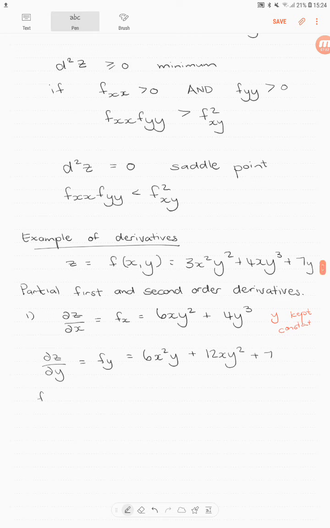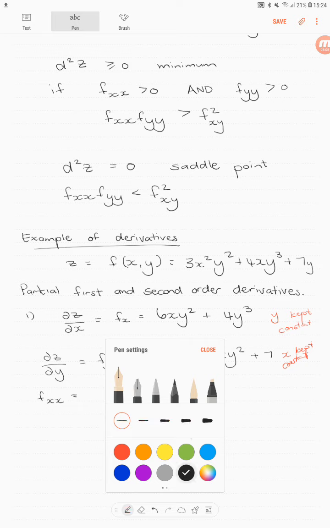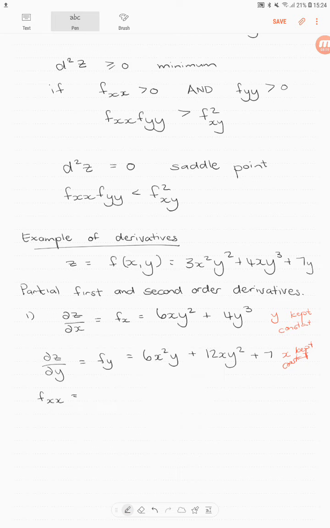Before we go on to the second order conditions, note that x is kept constant. Our second order conditions, we take our first order derivative and we take the derivative of that with regards to x.